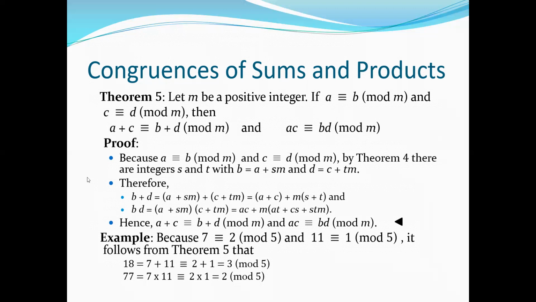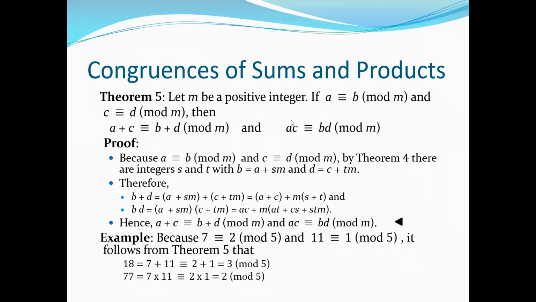Basically, these two equations are divisible by m. So if we have this scenario, we could add a and c, b and d, and m is still a factor, so the result of this sum will be divisible by m. Addition, sum, or product.